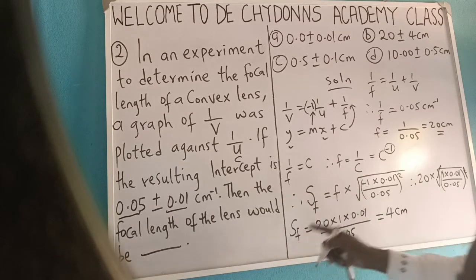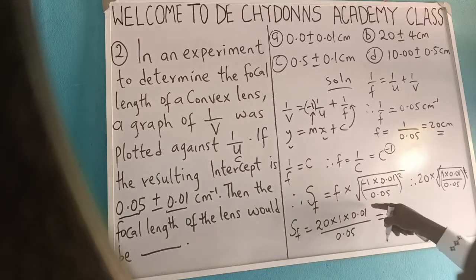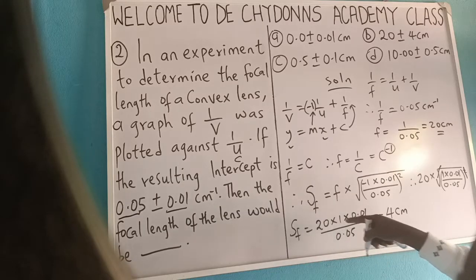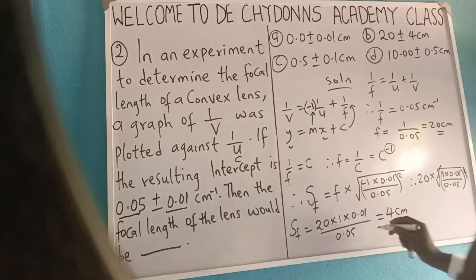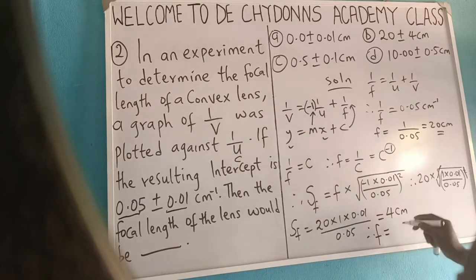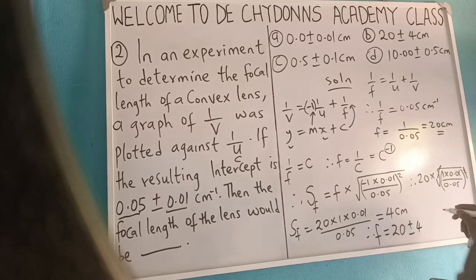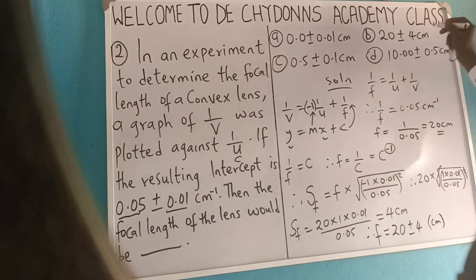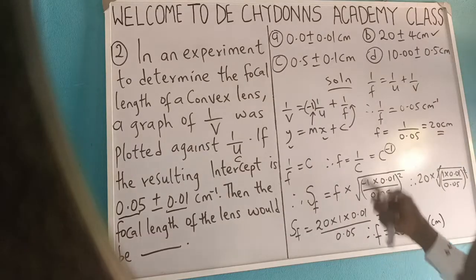That is the error in getting f, because if you shift the decimal point, everything becomes 5 divided into 20, which gives 4. Therefore, our focal length is equal to 20 plus or minus 4 cm. The unit is in cm. Which option? Option B.